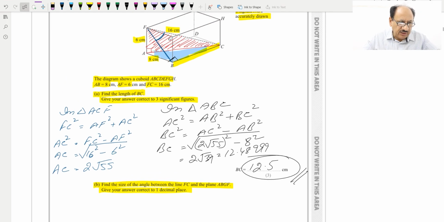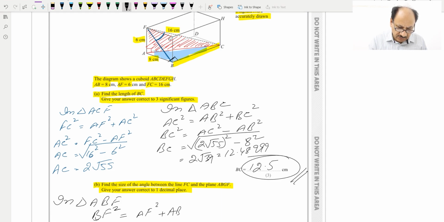To find BF, in triangle ABF, BF square will be equal to AF square plus AB square.